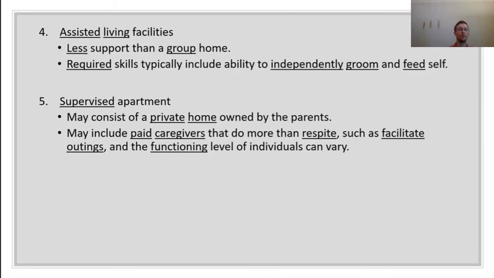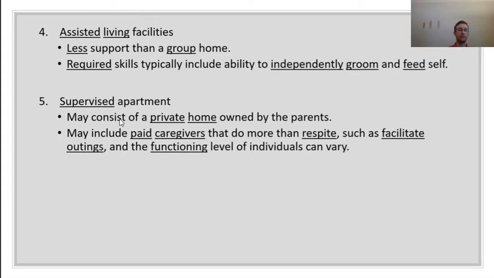The 5th type of living post-school option is supervised apartment. May consist of a private home owned by the parents. May include paid caregivers who do more than respite, such as facilitate outings, and the functioning level of individuals can vary.